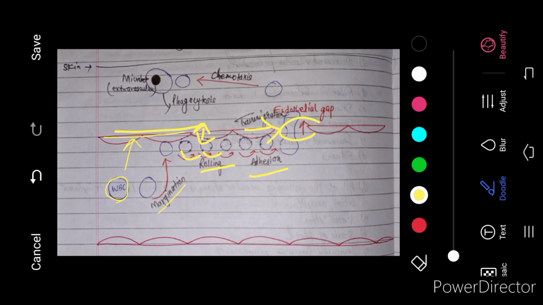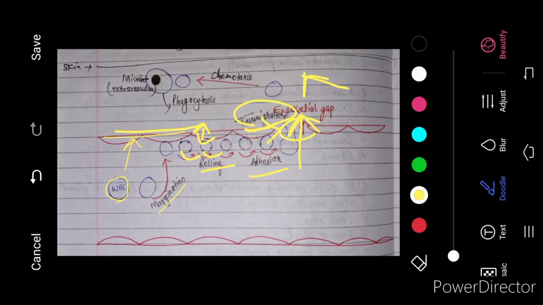After adhesion, WBC will come out of the gap or blood vessel, leaving the intracellular space and coming into the extravascular space here, and this process is known as transmigration.